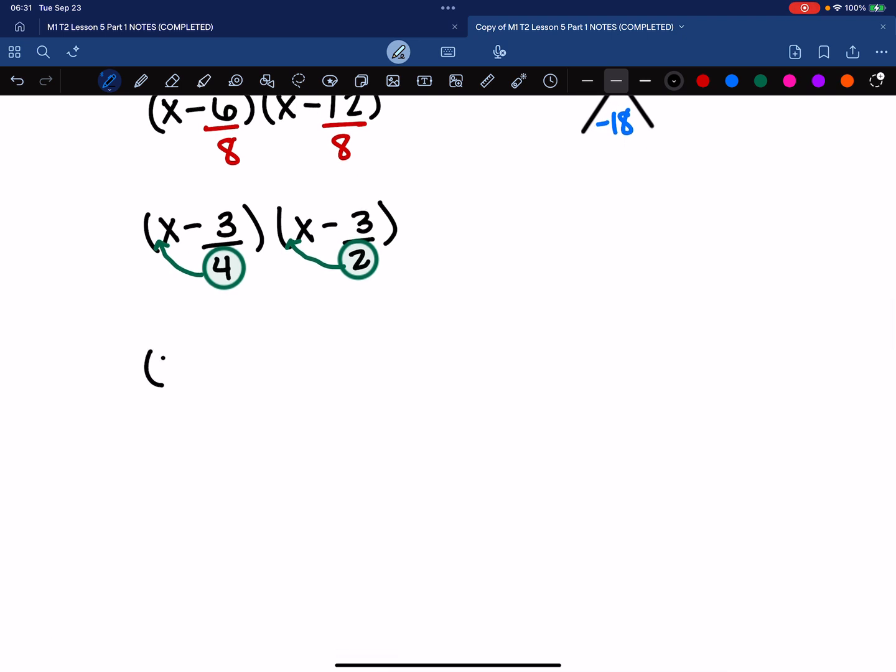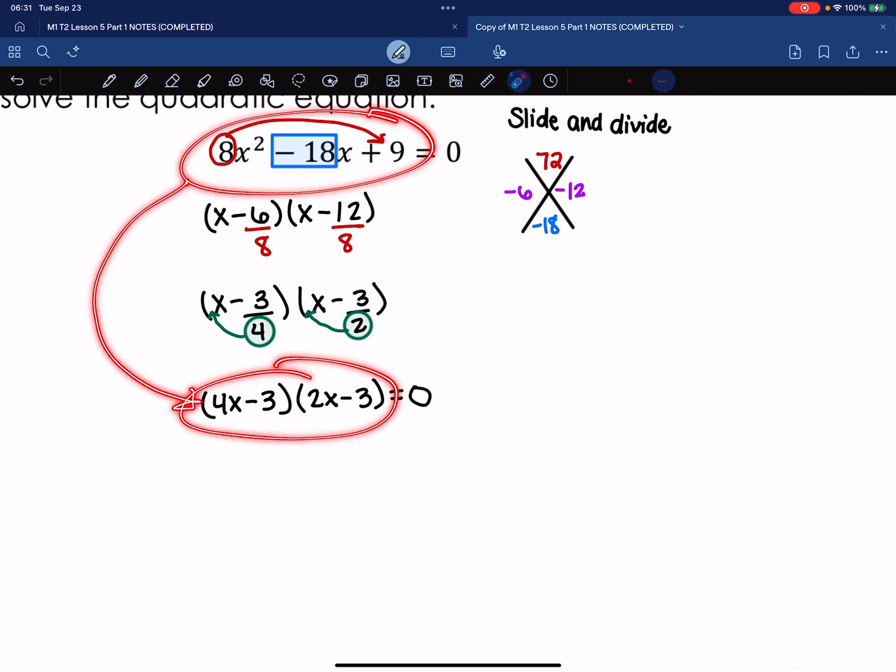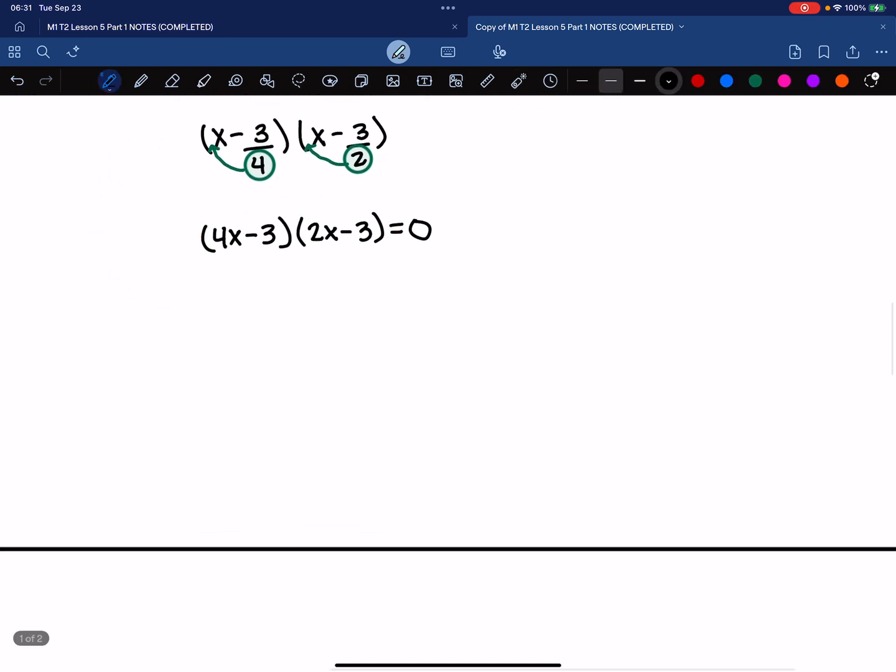And so we get 4x minus 3 and 2x minus 3. And now this is equivalent to what we started with. So we started in standard form, and we took it down here, and now it's in factored form. Okay, to solve, we would set each individual factor equal to 0.